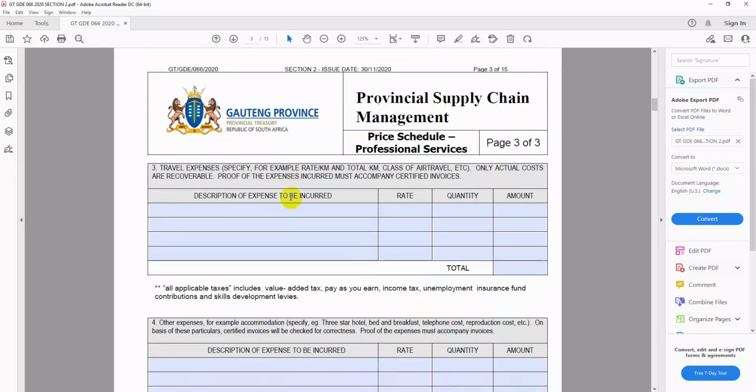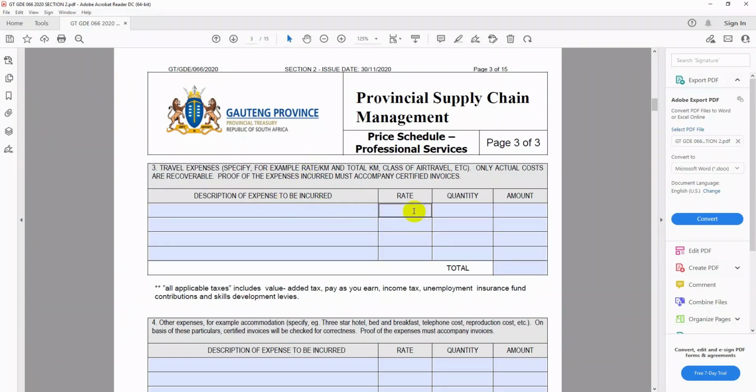And then now here the travel expenses. For this specific tender, obviously you don't need air travel, you don't need a hotel, you just come from your house to the department to work. So there are no travel expenses to be incurred.